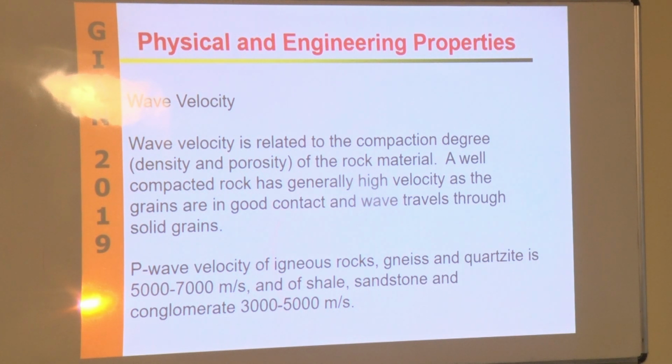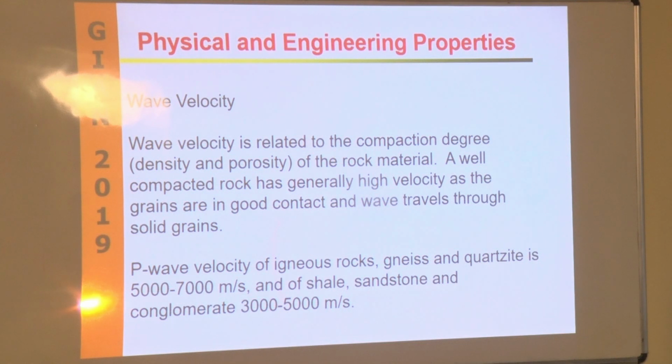Okay? Now, one thing that you can think about doing in the lab, and concrete people do it all the time, is actually measure the P wave, pressure wave, in the sample before testing. You measure that. If that is a compact material, you have, let's say, 5,000 meters per second range.